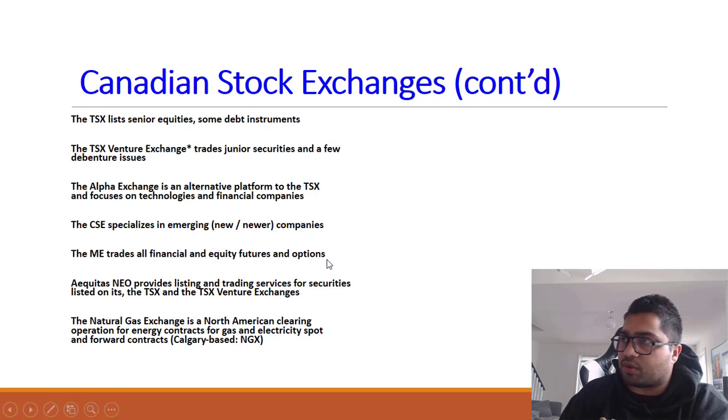So Montreal Exchange mostly deals with derivatives rather than stocks. Neo Exchange provides listing and trading services for securities listed on TSX and TSX Venture Exchange. The Natural Gas Exchange is a North American clearing operation for energy contracts, where energy contracts are traded, and they mostly trade in Calgary based NGX.